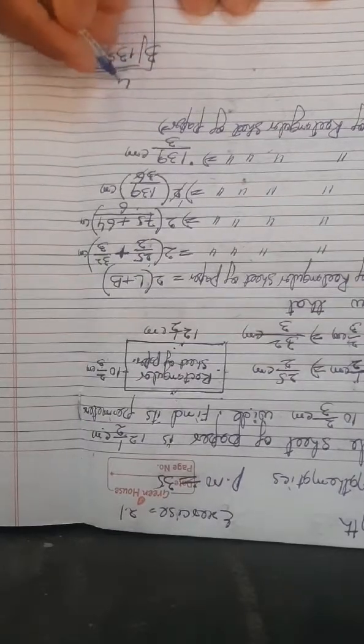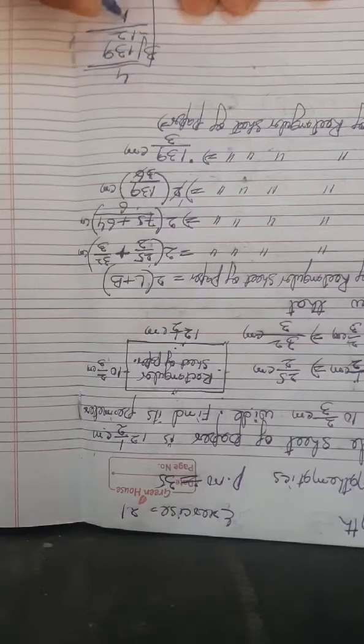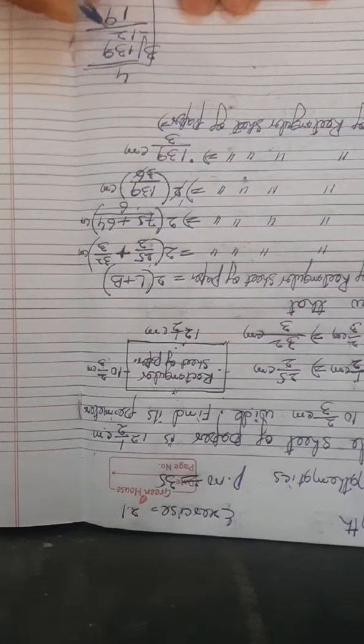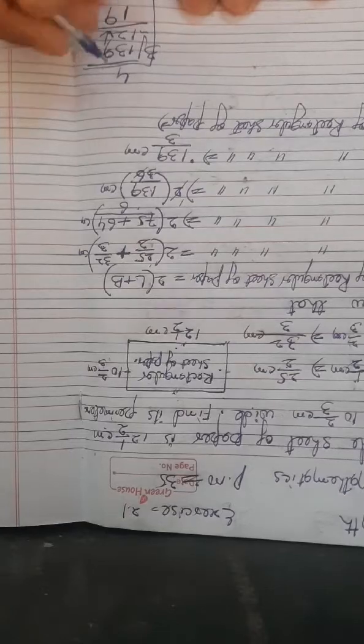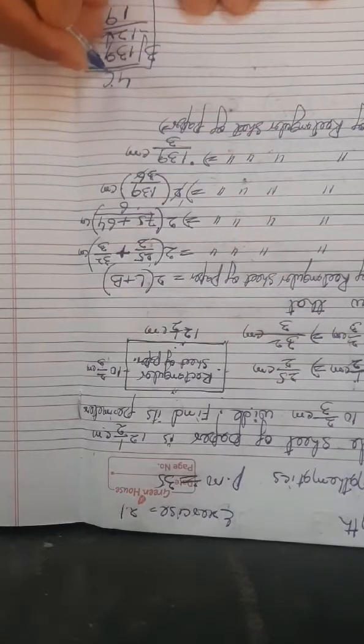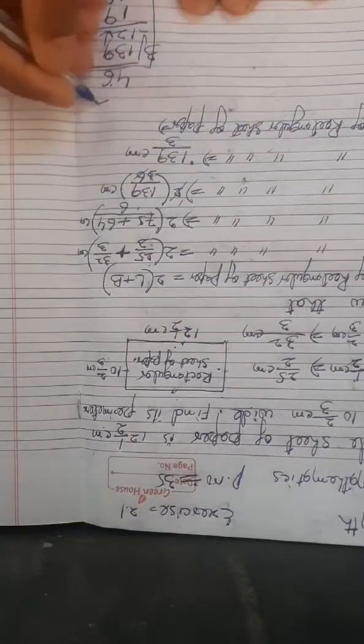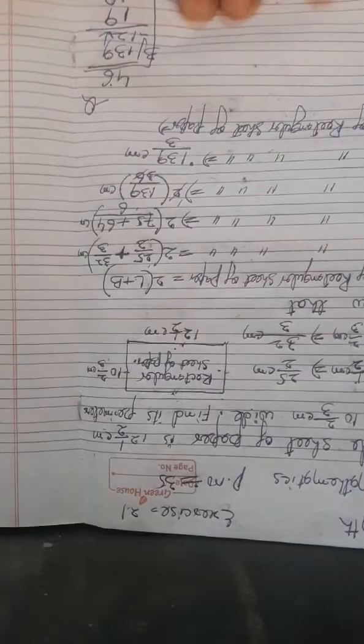3 4s are 12, 1 comes down and 9 comes down like this. This is 19. 3 4s are 12, 3 5s are 15, 3 6s are 18. Here 1 is left. This is our quotient, and this is our remainder.